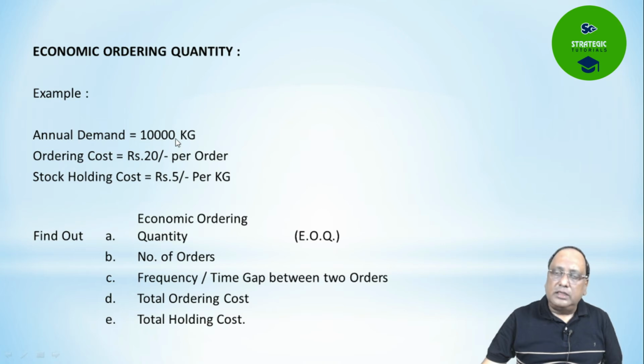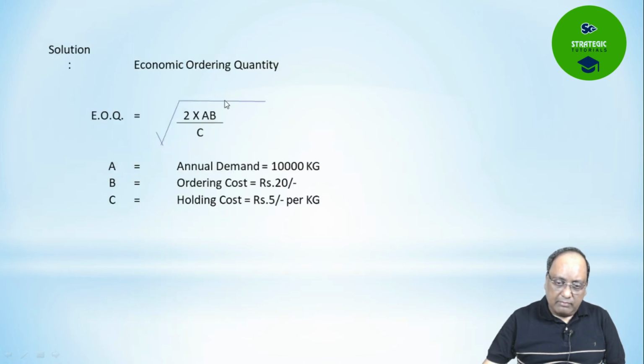Here I have taken annual demand 10,000 kg, ordering cost 20 per order, stock holding cost rupees 5 per kg. So we have to find out economic ordering quantity, EOQ, number of orders, frequency, time gap between two orders, total ordering cost, total holding cost. So I am coming one by one.